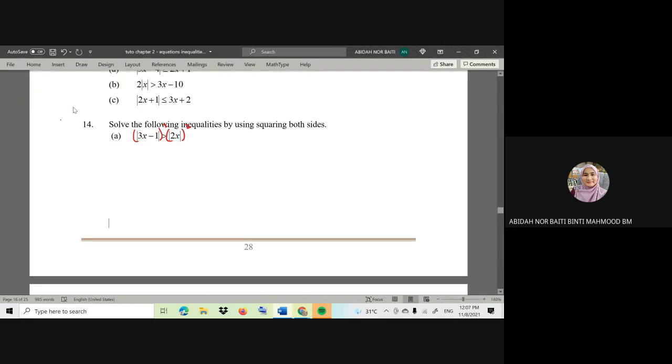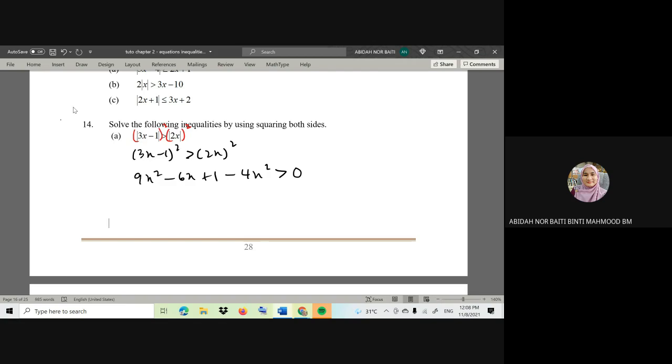So then we get 3x minus 1 squared greater than x squared. Here it is 9x squared minus 6x plus 1. Expand and rearrange straight away, minus 4x squared greater than 0, because we want to see the 0, either greater than 0 or less than 0.